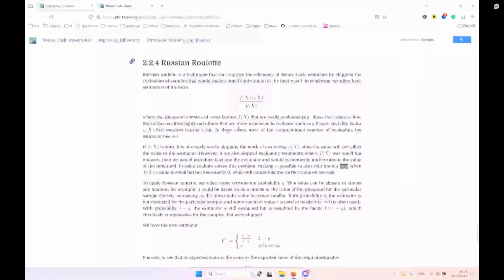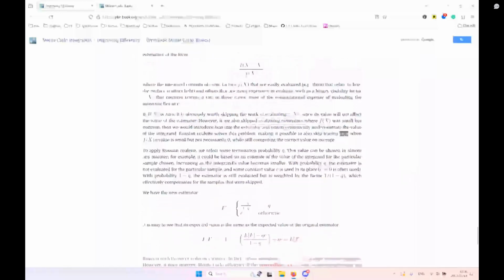So we select some termination probability, and this value can be chosen in any manner, and different sources on how to do Russian roulette have various different ideas of how to choose this. At least that's what I read before.